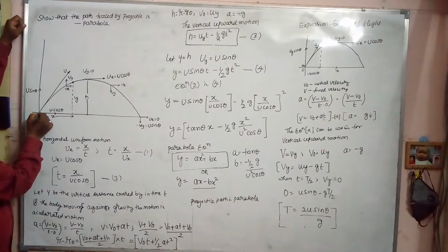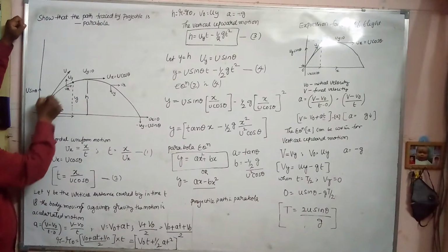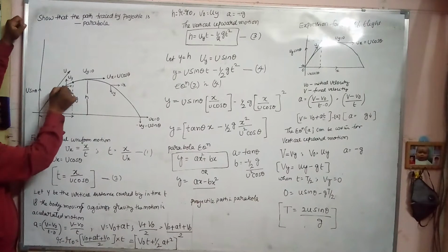When this stone is thrown, or when a body is thrown, it is going against the acceleration due to gravity. If you leave any object, it will come down due to gravity.